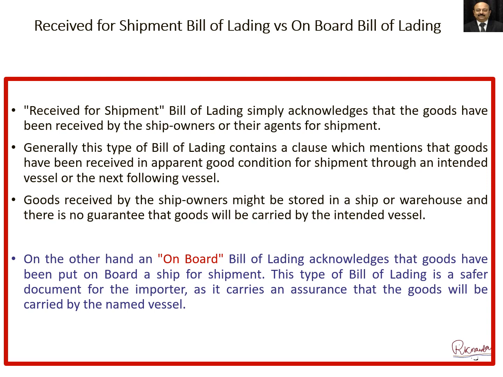So in the example which I have given you, when the goods will actually be loaded on the ship, at that point of time they will be treated as on board. So the exporter needs to bring this bill of lading to the shipping company's office in Delhi, and they will put a stamp that the onboarding date is so and so. So from that date their shipment date will start.